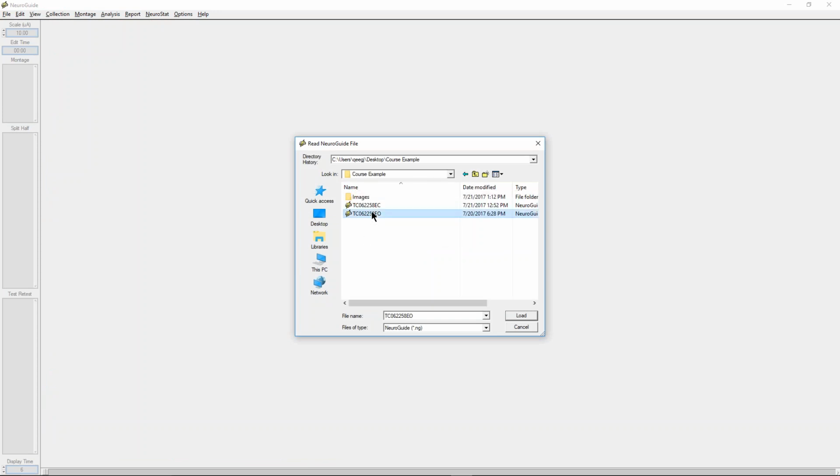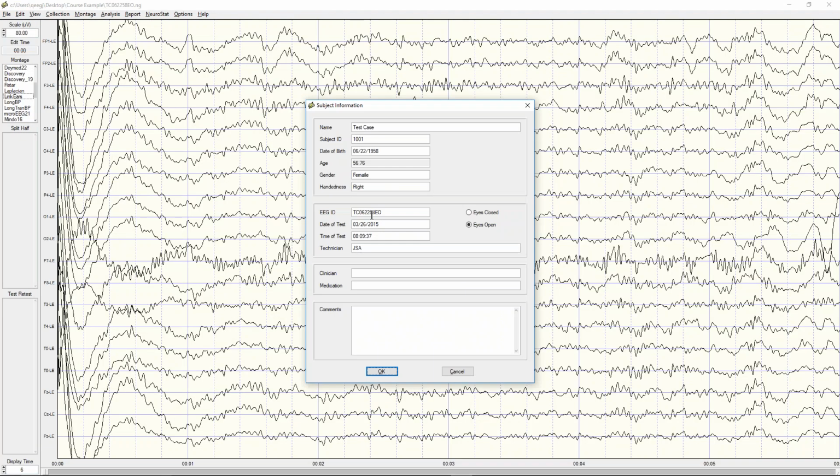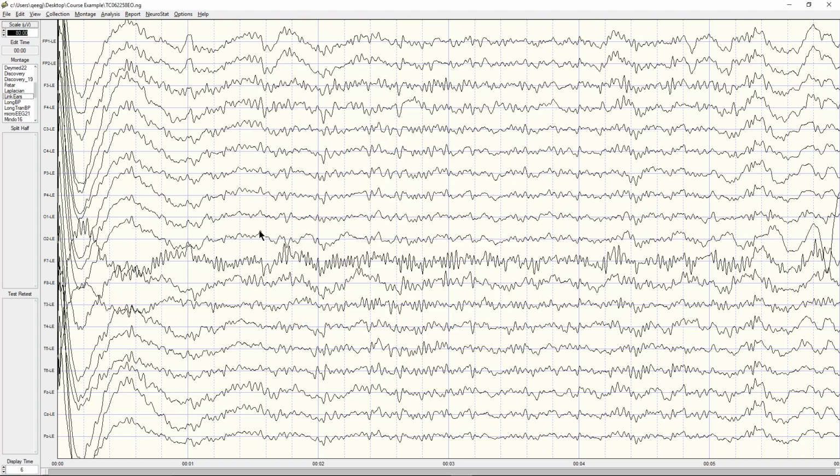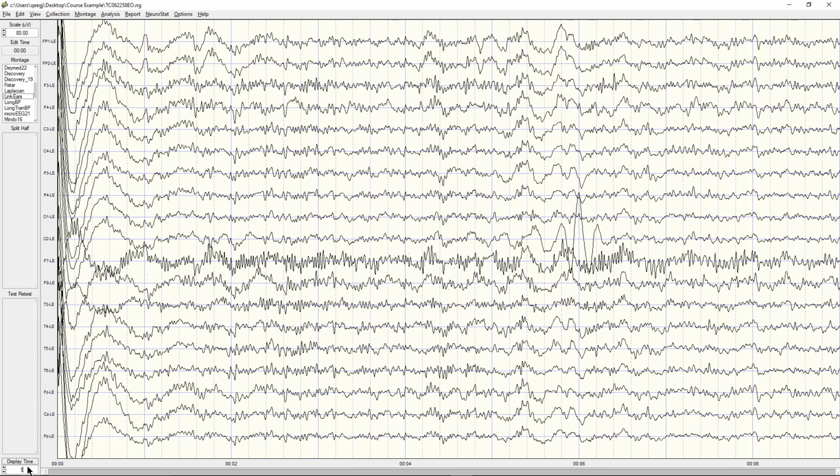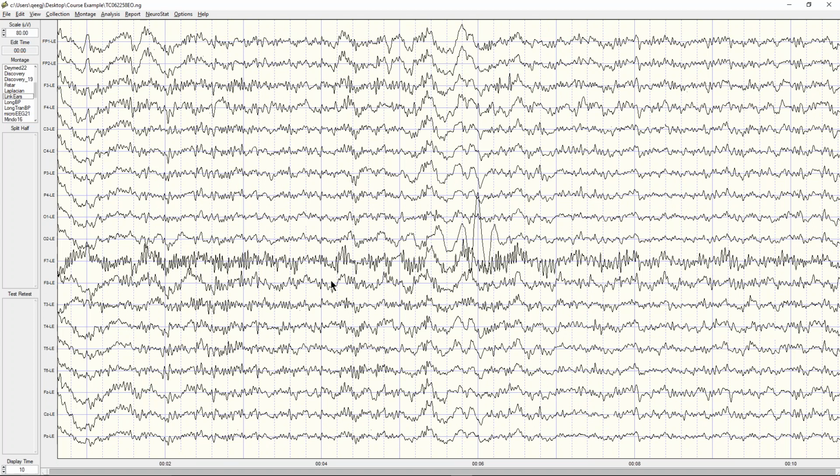So let's open the NeuroGuide eyes open recording because we want to see if that correlates. So this is our eyes open recording, and we do the same thing with this that we did before. We find an appropriate scale, and we change our display time to 10 seconds.